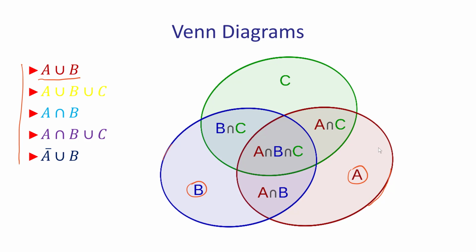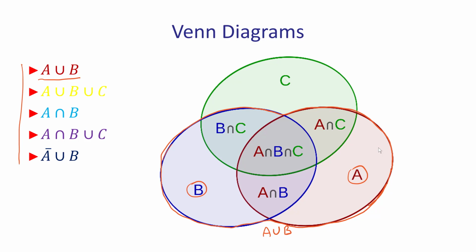So technically we need to include both of them to make a union. So union of A and B will be something like that. This is union of A and B.